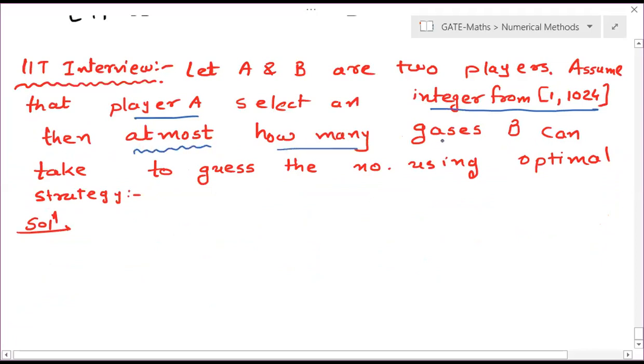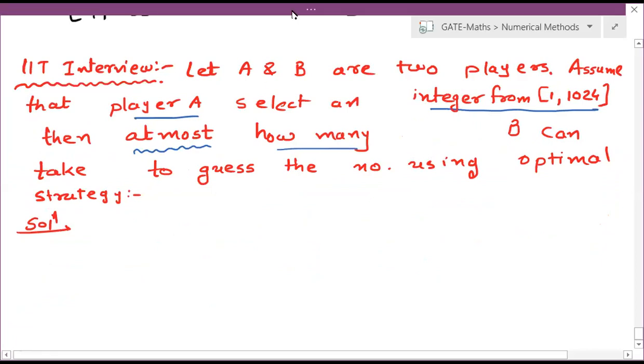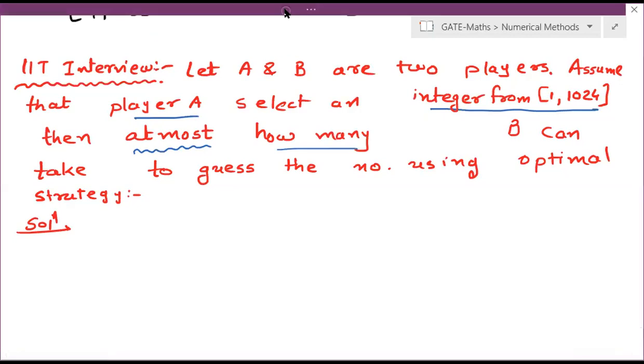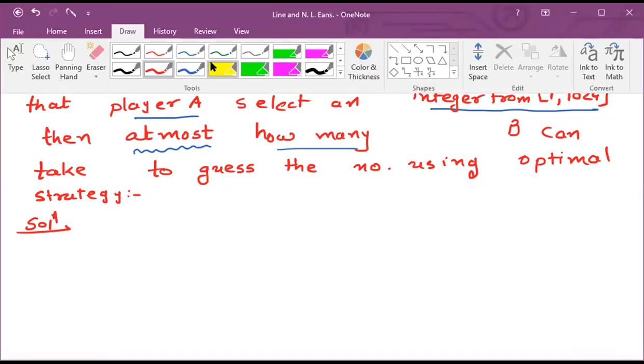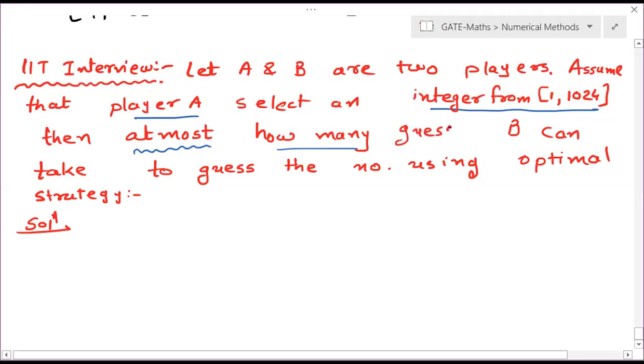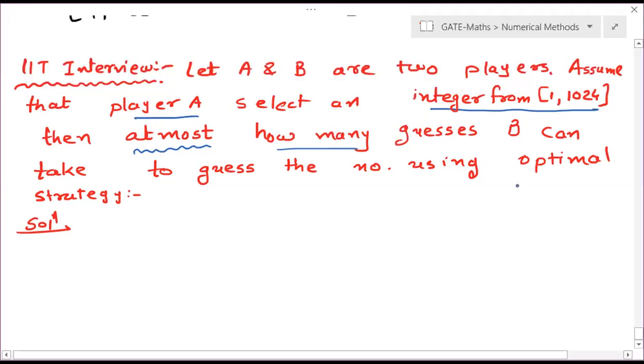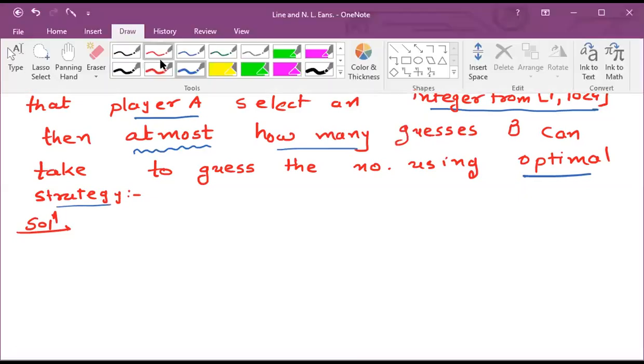How many guesses can B take to guess the number using optimal strategy? Okay. So let us start solving this question.